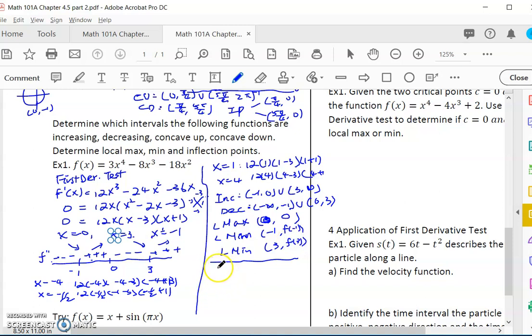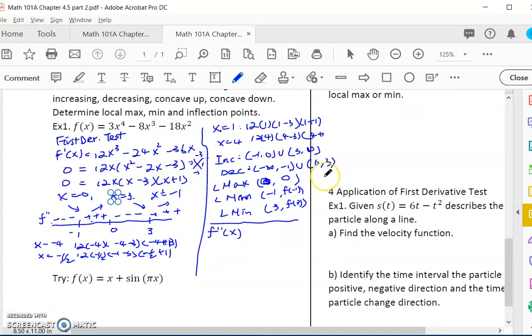And then I have to do concavities, which is f double prime. Do I have enough space? So maybe we'll use the space over there. F double prime of x would be, you do not use this factored form, you use the pre-factored one. So 36x squared minus 48x minus 36, right? So what is the best way to factor?